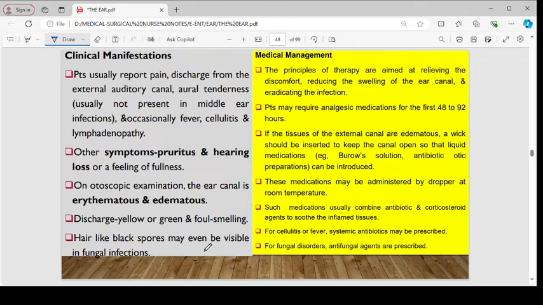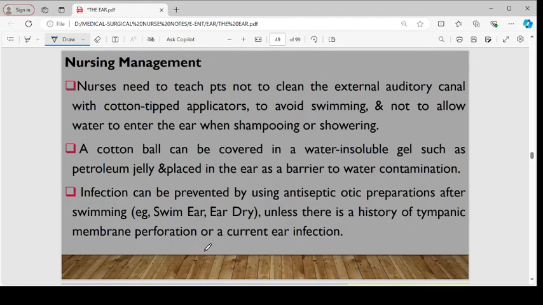For cellulitis or fever, systemic antibiotics can be prescribed, while for fungal disorders, antifungals can be indicated. So nurses need to teach this patient not to clean the external auditory canal with cotton-tipped applicators, to avoid swimming, and not to allow water to enter the ear when showering.